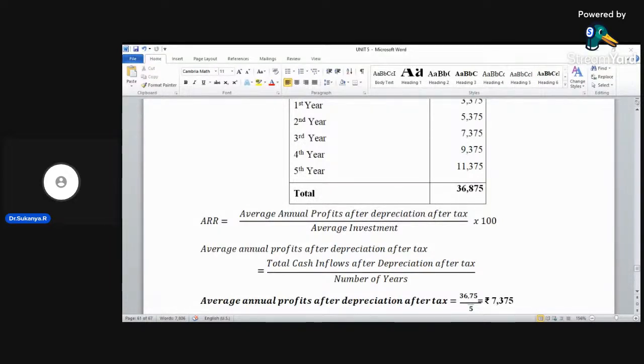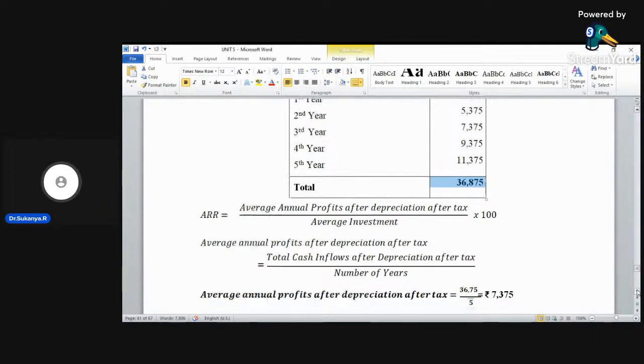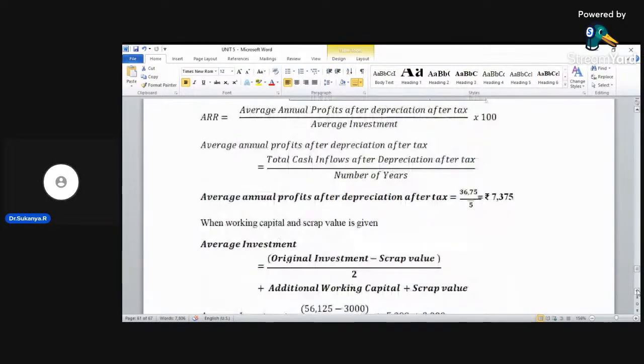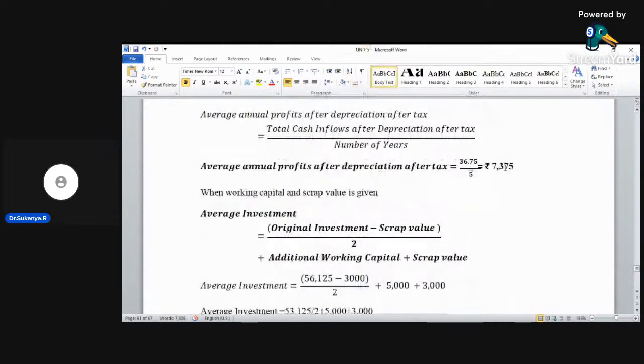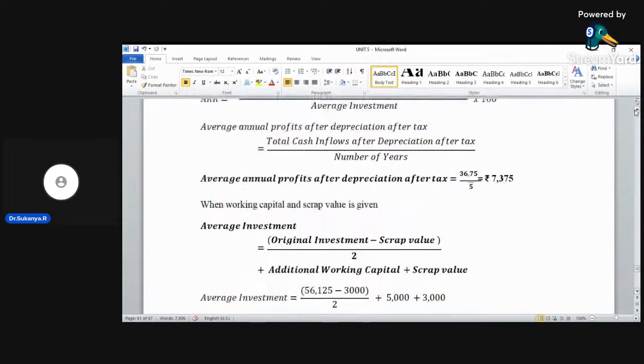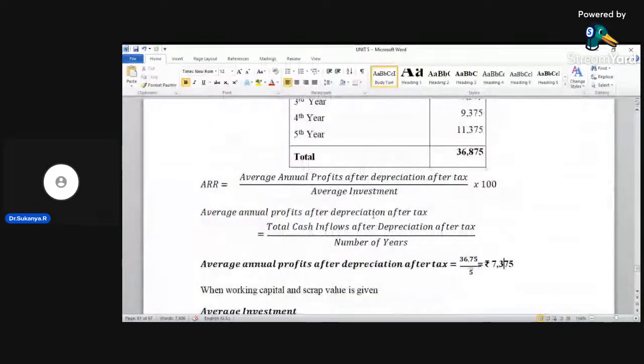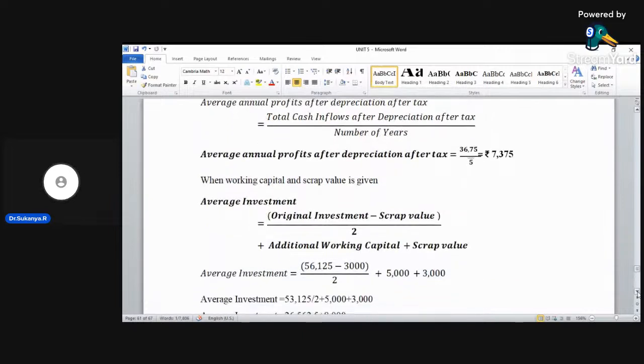As you are seeing in the problem, 36,875 divided by 5 gives 7,375. Now, dear students, there is a small adjustment that you should remember. When it comes to the denominator, I have told you what average investment is. Average investment will be original investment divided by 2.